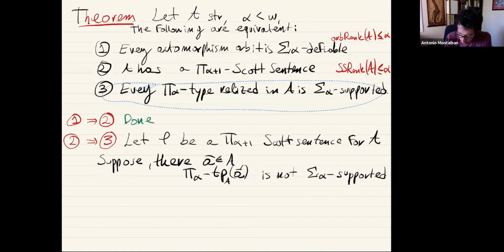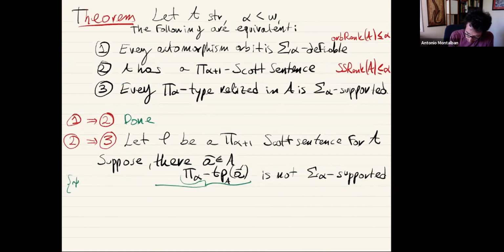By the way, what do I mean by this? This is a set of all the formulas, infinitary pi alpha. All the formulas that are pi alpha and that are true about a.